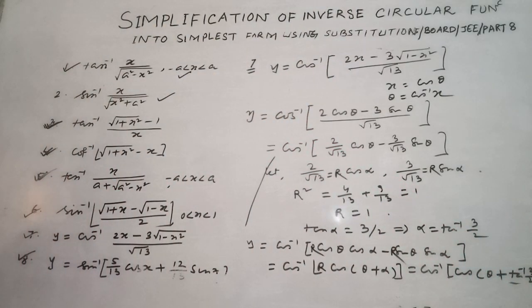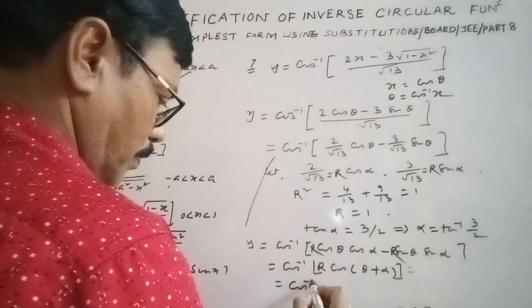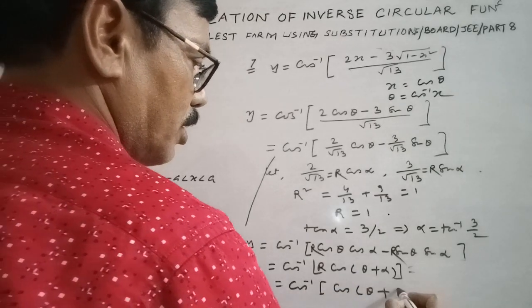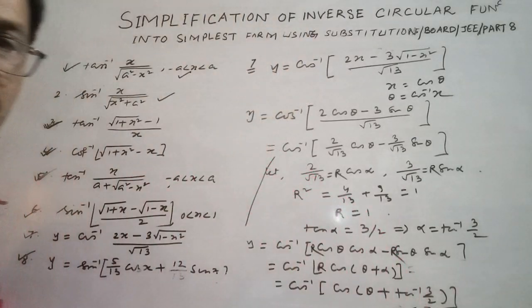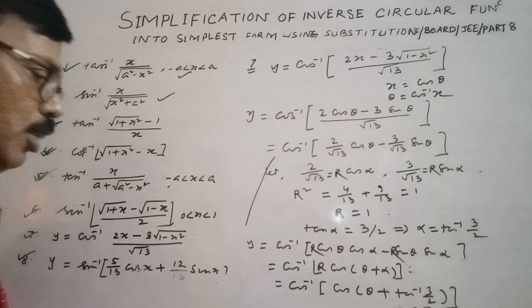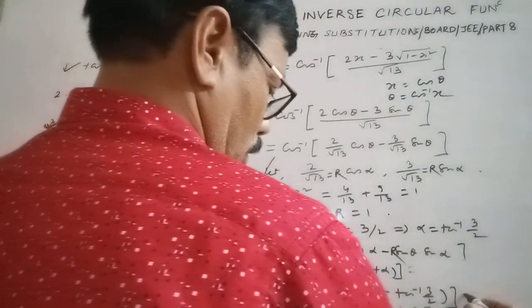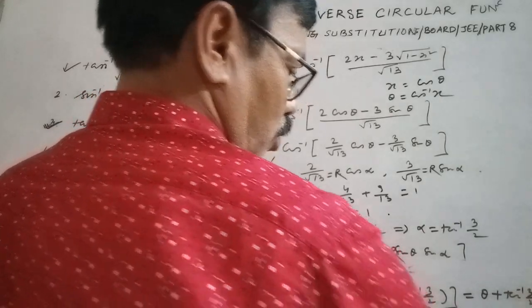So no restriction is given, so we suppose it belongs to the principal value. So we are getting theta plus tan inverse 3 by 2.